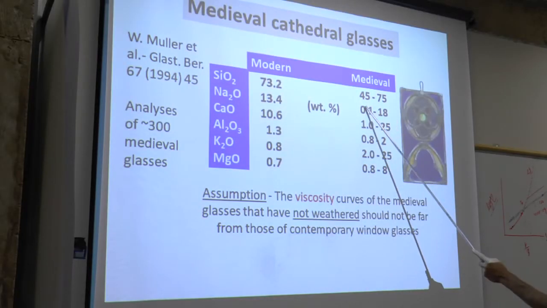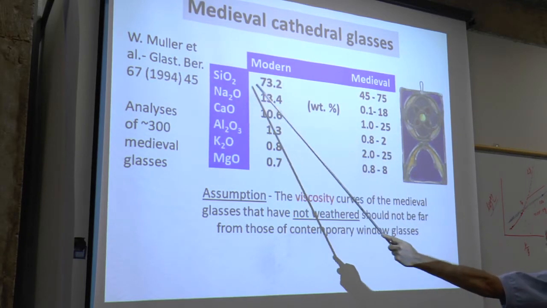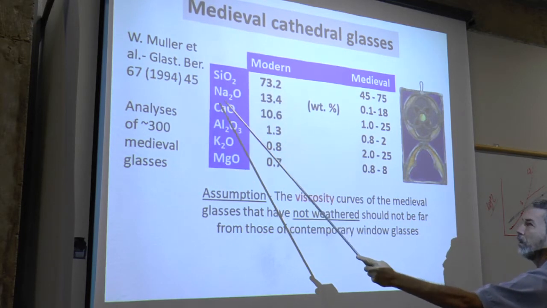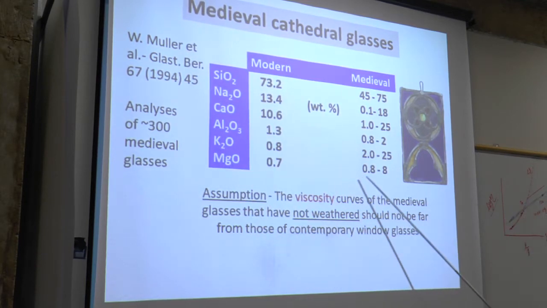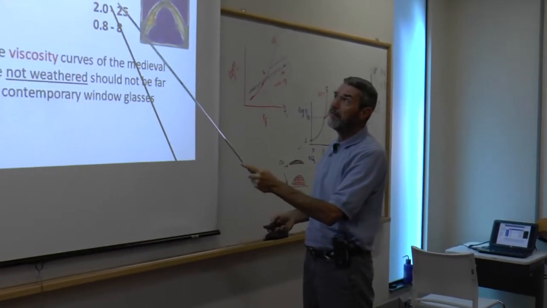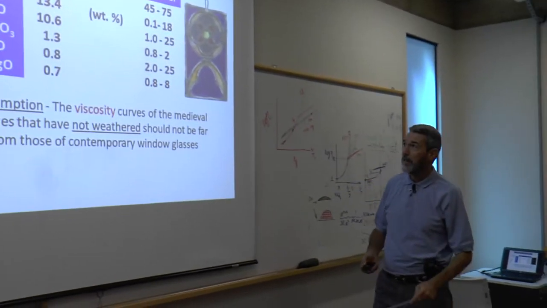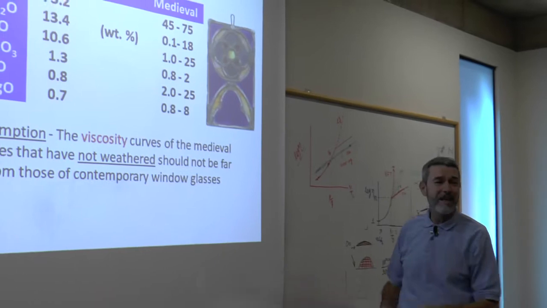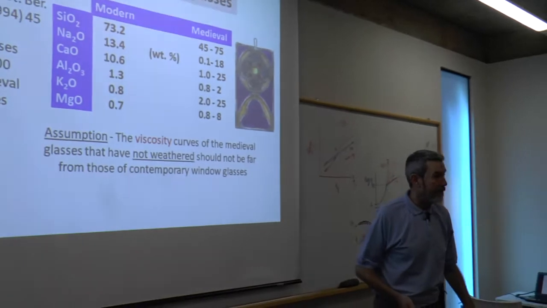And you see that indeed the composition has the same major elements as modern cathedral glasses: silica, sodium oxide, calcium oxide, alumina, potassium oxide, magnesium oxide, and some impurities. These medieval glasses vary widely, but they have the same elements. These are the most common elements on Earth anyway. So one might say that maybe some of these glasses have much lower viscosity than typical modern glasses.